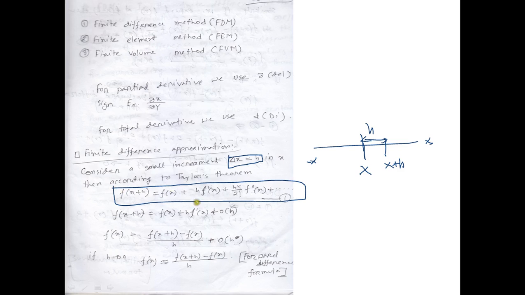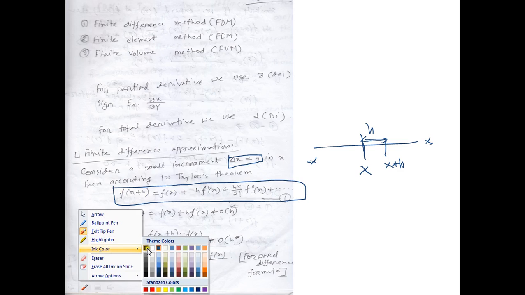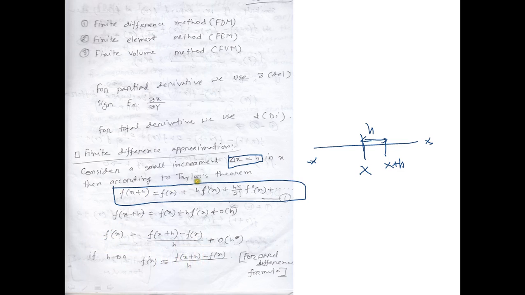Okay, so from this Taylor series expansion, we can find out easily the first derivative of the function, right? So f prime x, what does this mean? F prime x means the first derivative, dy by dx.